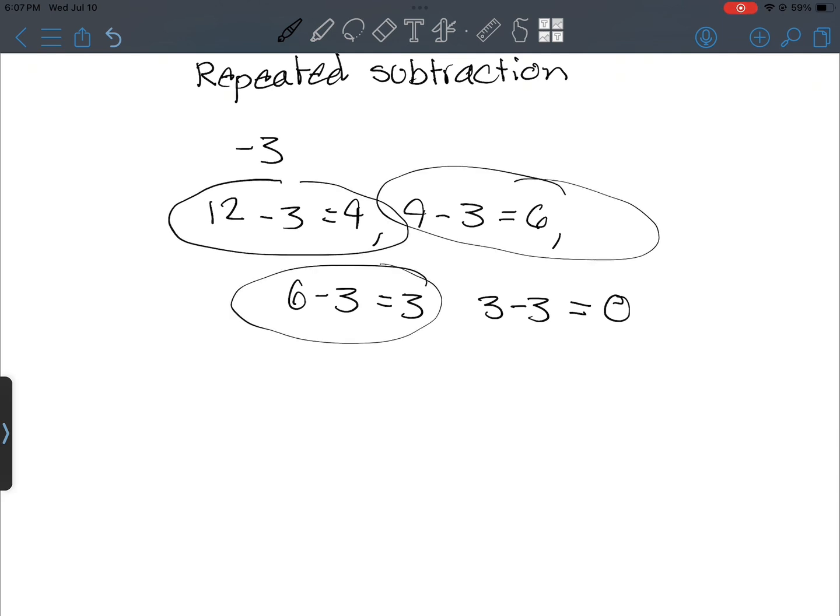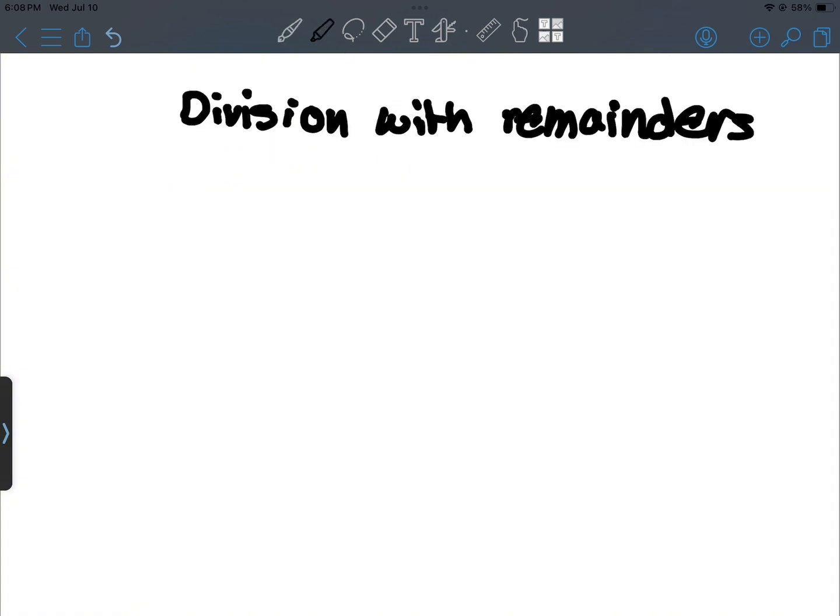We subtracted 3 a total of 1, 2, 3, 4 times. This means that 12 divided by 3 is 4. So division is about finding how many times we can subtract a number from another number.